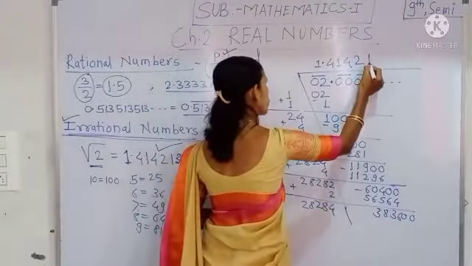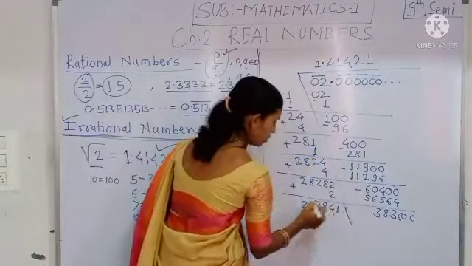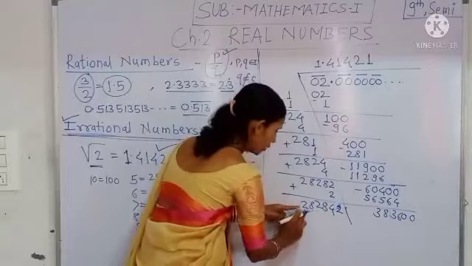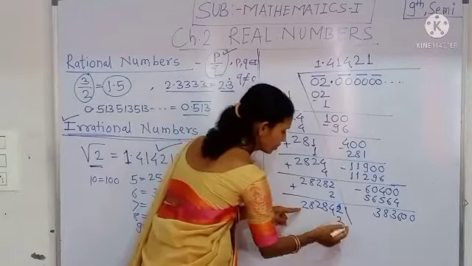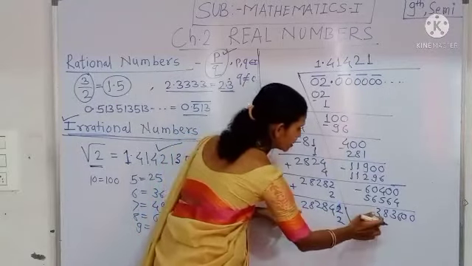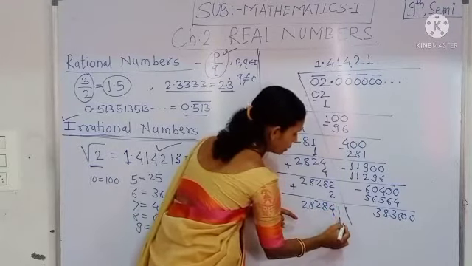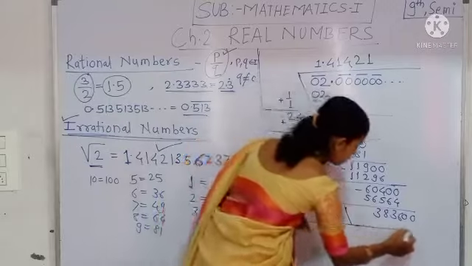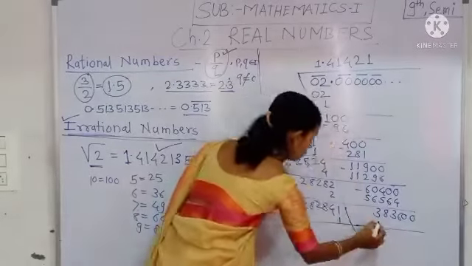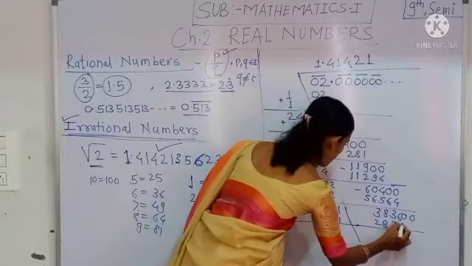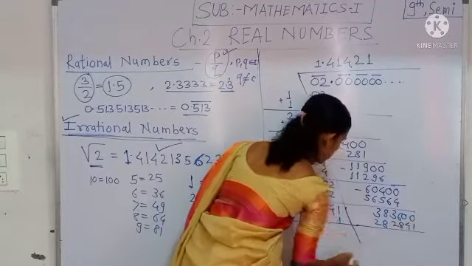in the quotient we get here 1, because if we put the digit 2 here, then we get the number which is greater than this number. Therefore, we have to put the digit 1 here, and we get the value 282841.